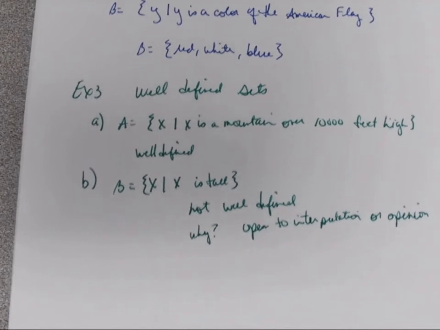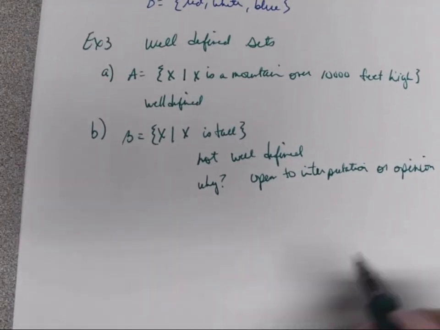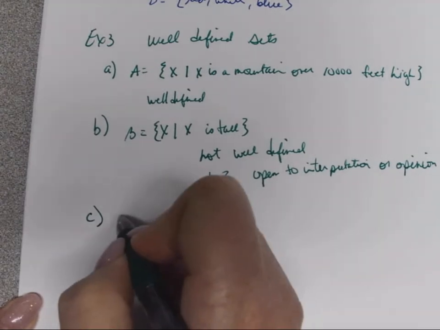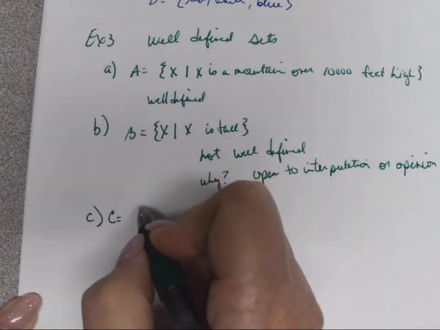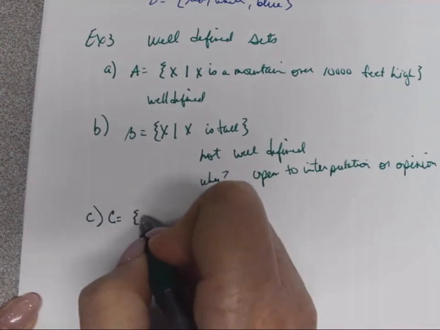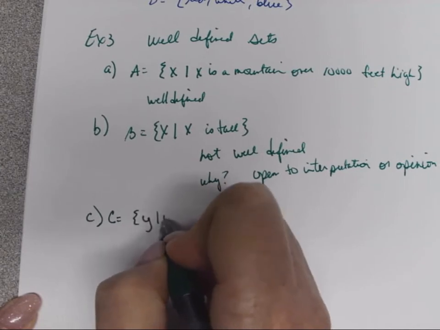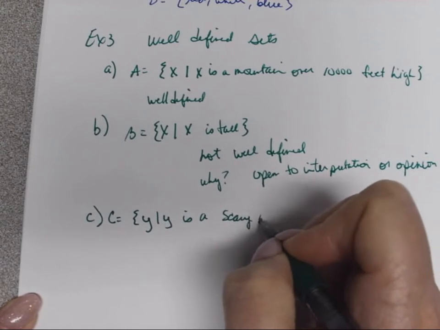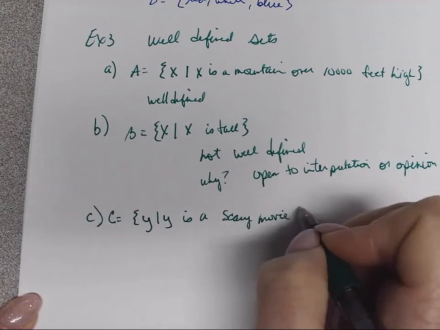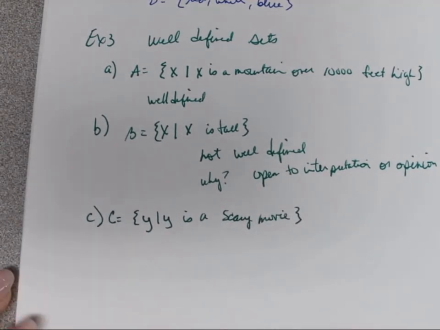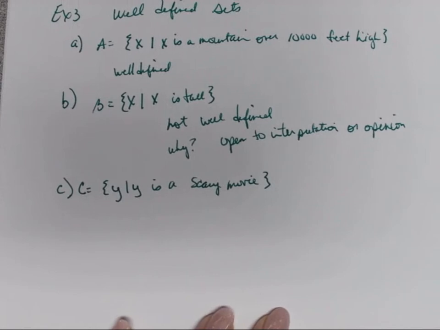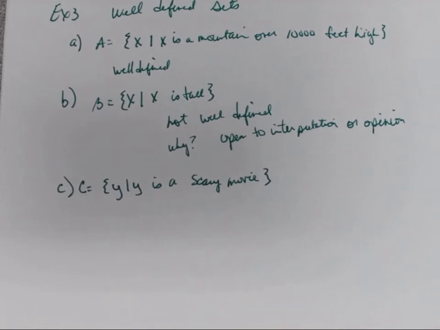Okay. All right, let's look at set C. If we have C is equal to the set of Y such that Y is a scary movie, is this one well defined? Well, again, what's scary to you may not be scary to me, and what is scary to me may not be scary to you.